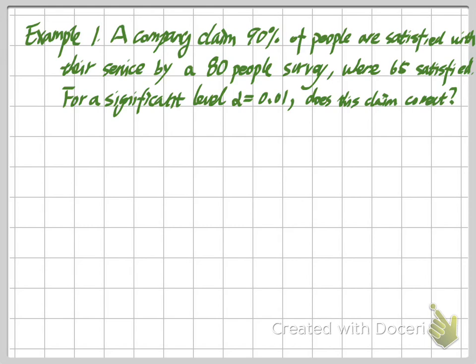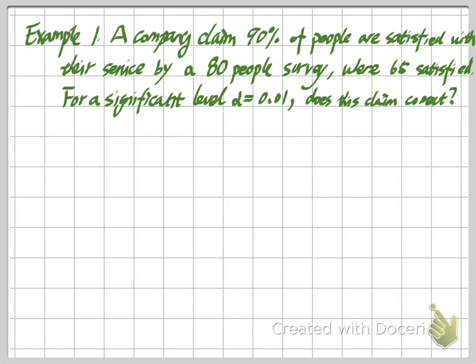They took a survey of 80 persons, and among these 80 persons, 65 of them were satisfied with their service. The question is, for a given significance level alpha equals 0.01, we want to know whether the claim is correct or not.